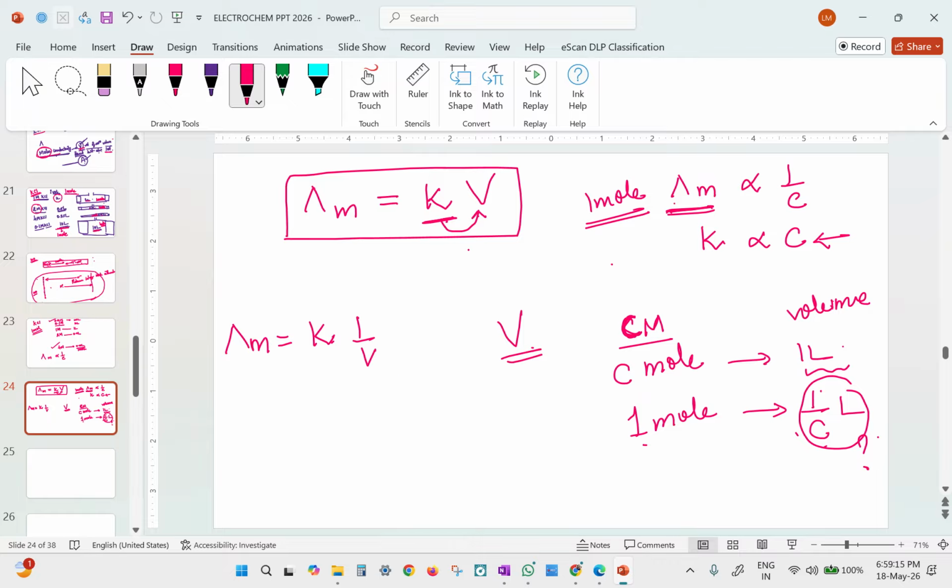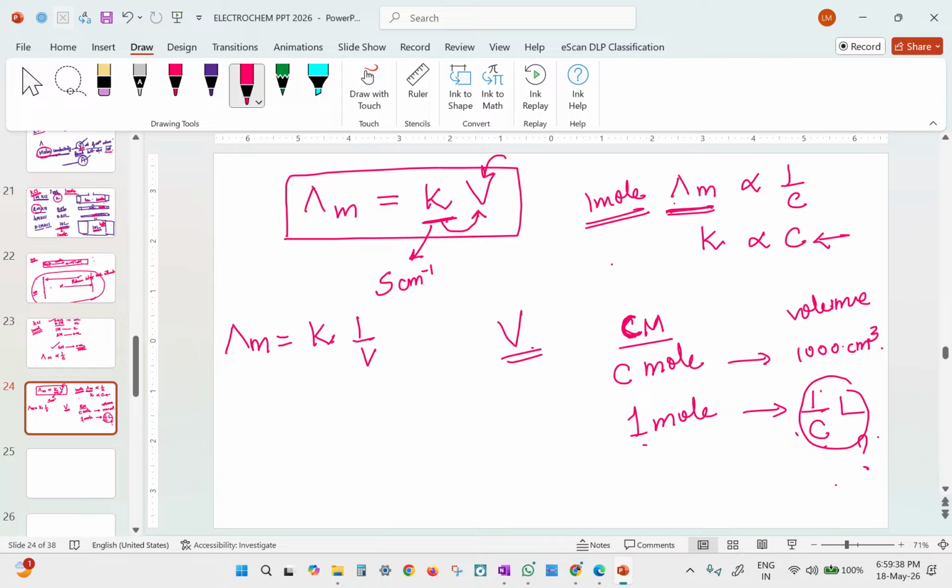Okay, very good. Now, how do we represent kappa? Don't we represent it in Siemens per centimeter? So the volume should also be expressed in centimeter cube only. So can we say C moles come from 1000 centimeter cube?